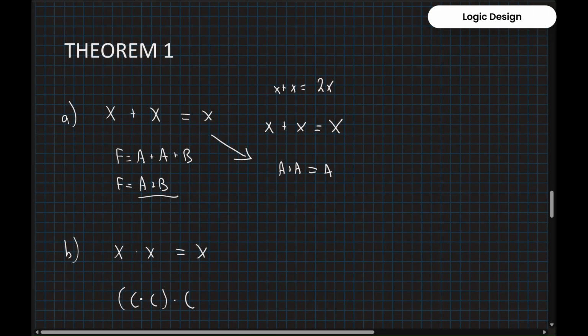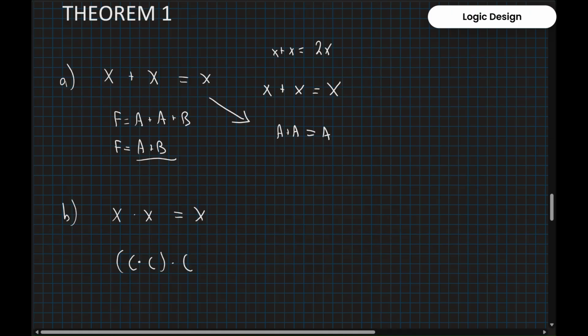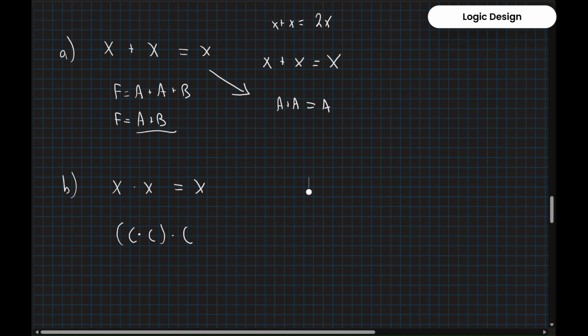The next part is part B of theorem 1. When you multiply x with x, or any variable by itself, it would equal x. We had this example right here: F is equal to C times C again.